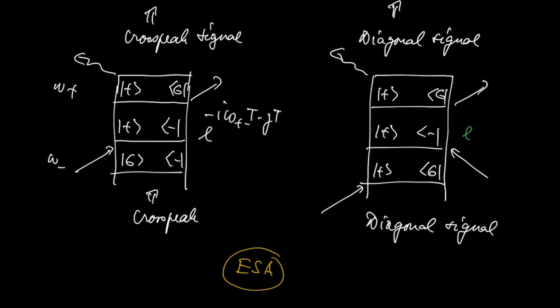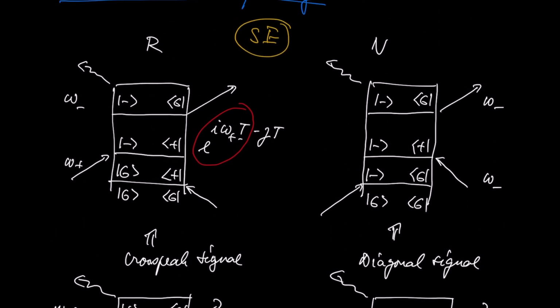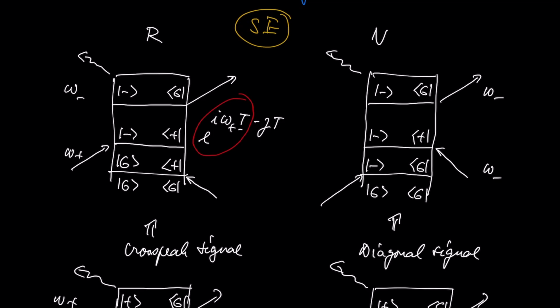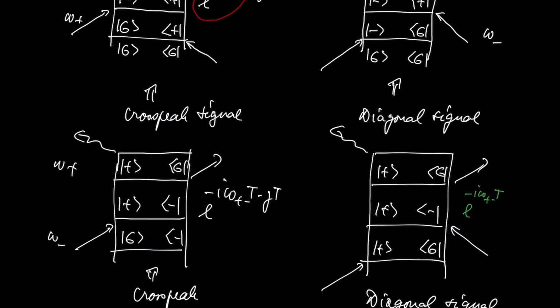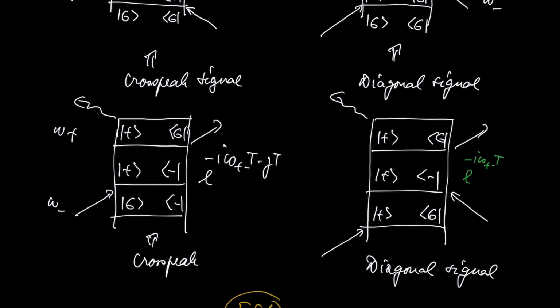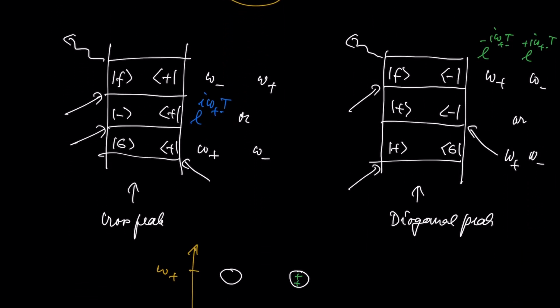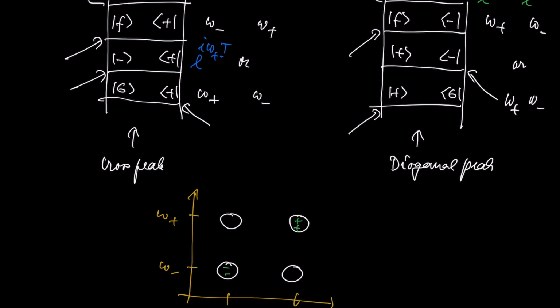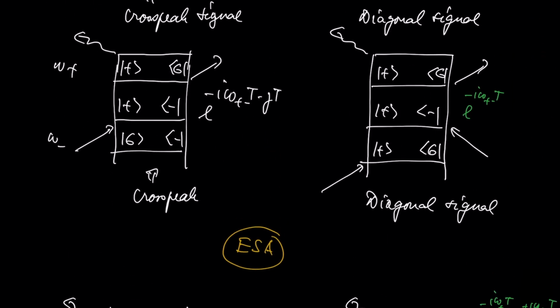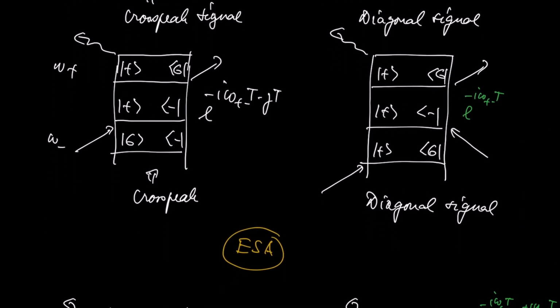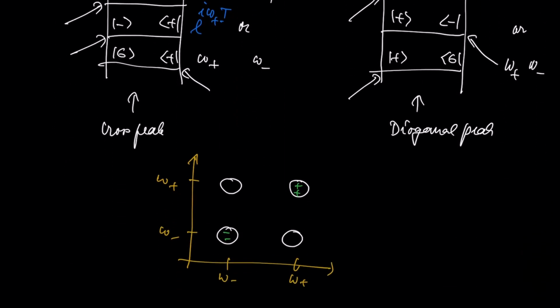This diagonal peak here has minus omega plus minus t, so this is also contributing with plus, and here we have minus minus, which contains the minus factor. So we can say 2 pluses here, 2 minuses here from all the pathways that we have looked at.